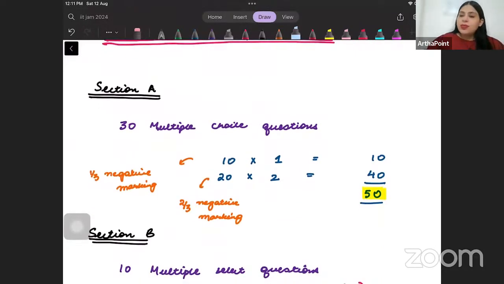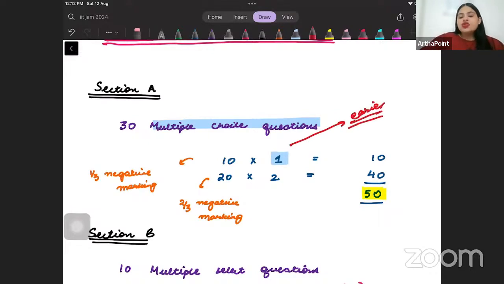Beta, the entire IIT JAM paper is divided into 3 sections: Section A, B and C. Section A will have 30 multiple choice questions, with a division within them. 10 multiple choice questions will be of 1 mark each, and they are comparatively easier.